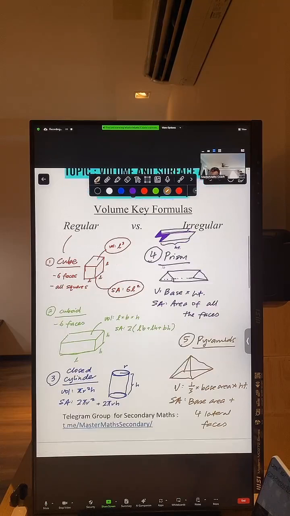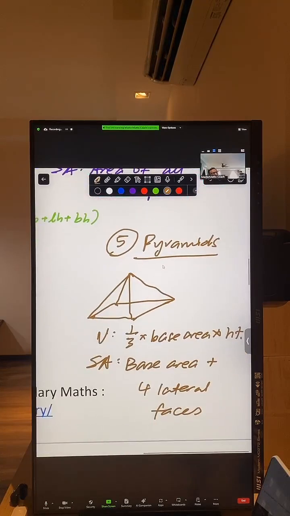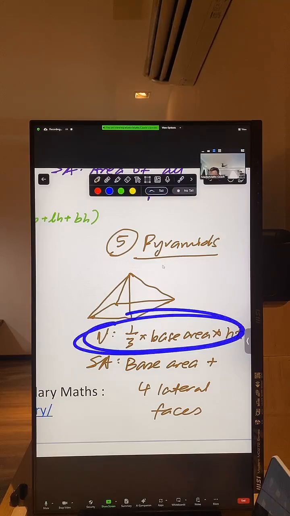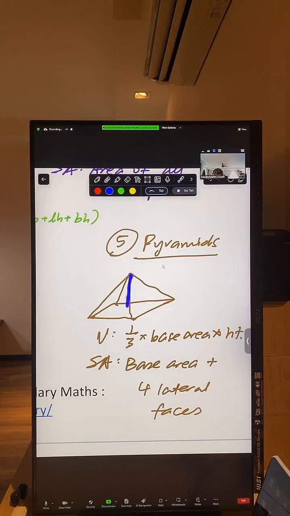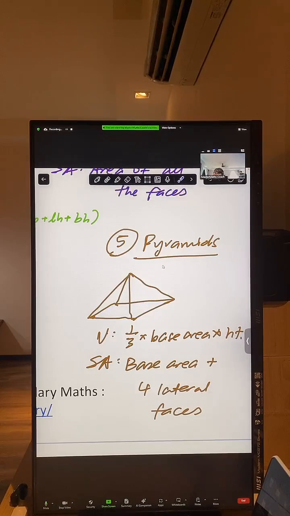Can see? 1/3 times base area times height, that's the volume. This is the height, from here to here. This is the base. So you take 1/3, multiply the base area times the height, and the surface area is your base area plus the 4 lateral faces. So that is a pyramid.